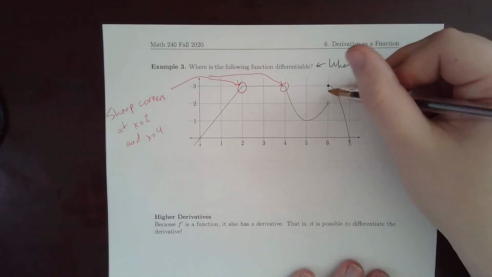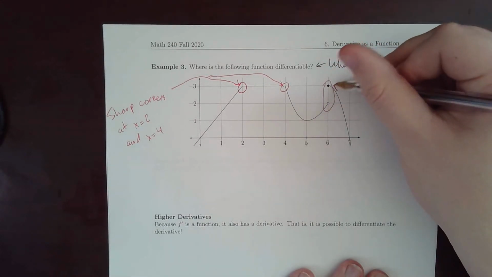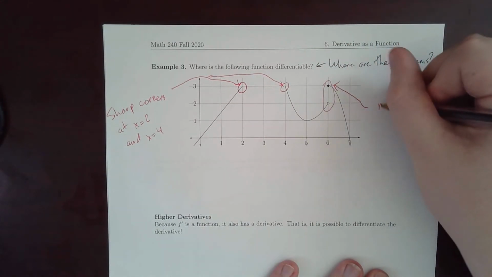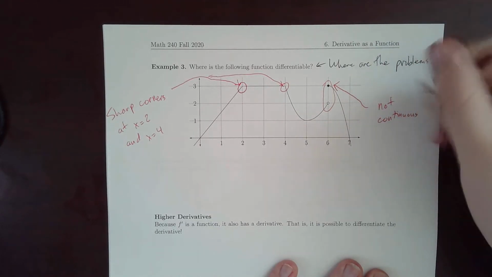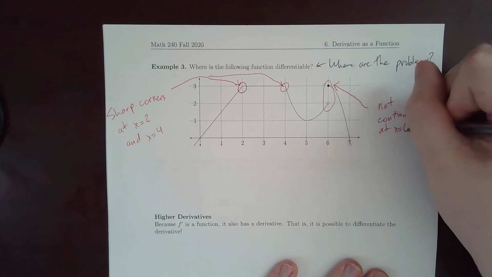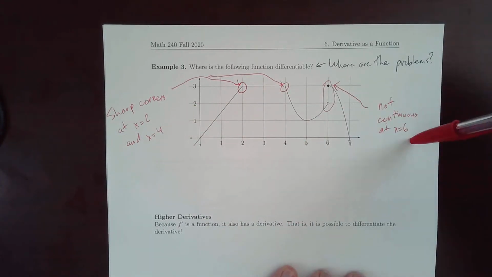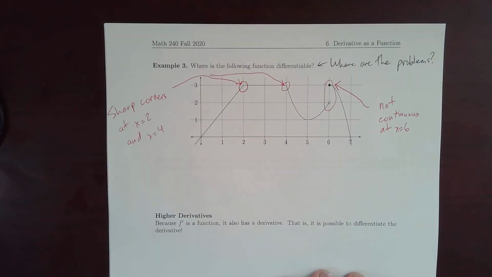And when we look at x equals 6, the function is not continuous at x equals 6. So these three places are where the problems are.